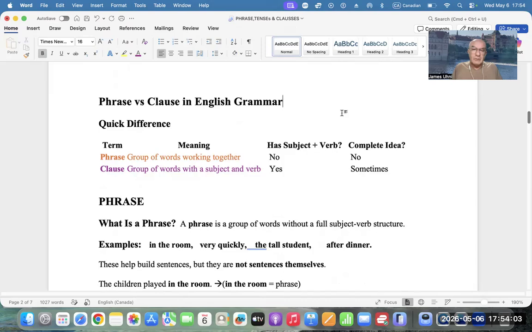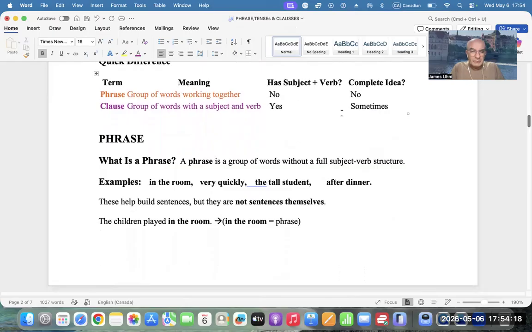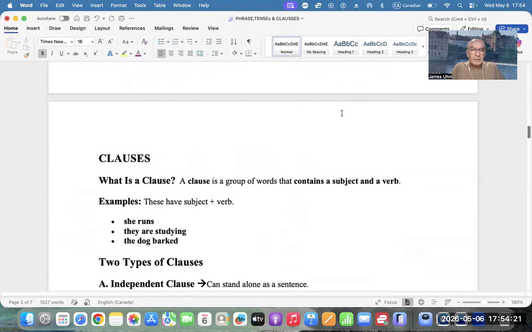Well, that's not English. That's English words in short sentence, and it is the fundamentals of where you start learning English. So I will skip the phrase over here, and I will go straight to clauses.